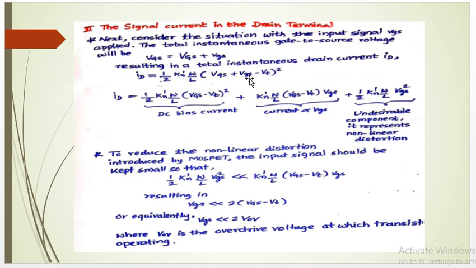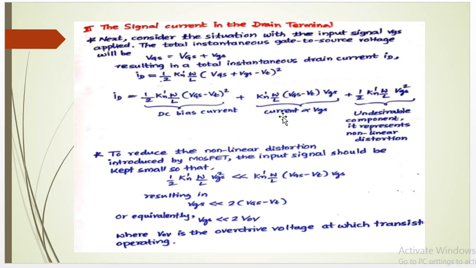Then Vgs square. So 3 components you are expanding. If you observe clearly the first term, that first term indicates the DC bias current. The voltage available is DC, the threshold value minus. So it entirely represents the DC bias current.